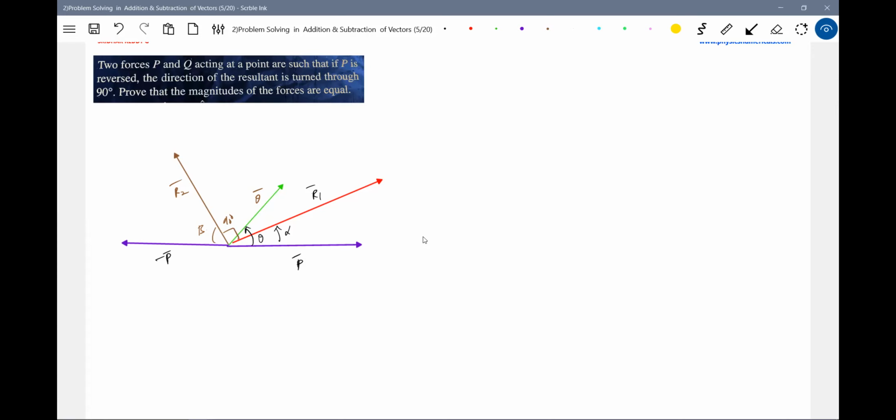Now we have to write the equations straight away. What equations do we have to write? Look at the first question again. Once again, you have to read the question. Now prove that the magnitudes of forces P and Q are equal. How are they related? So we have to bring a set of equations here.